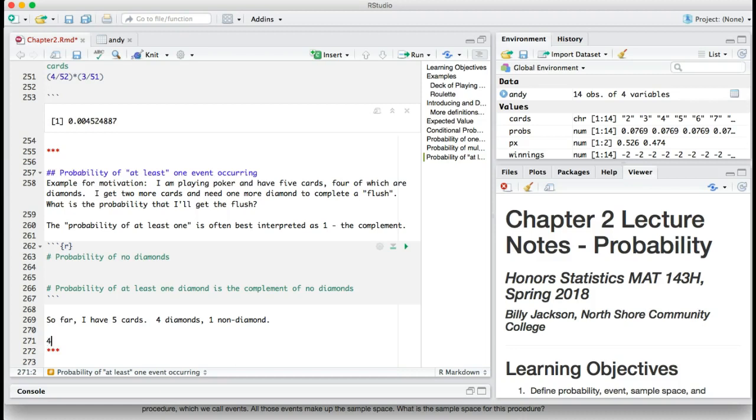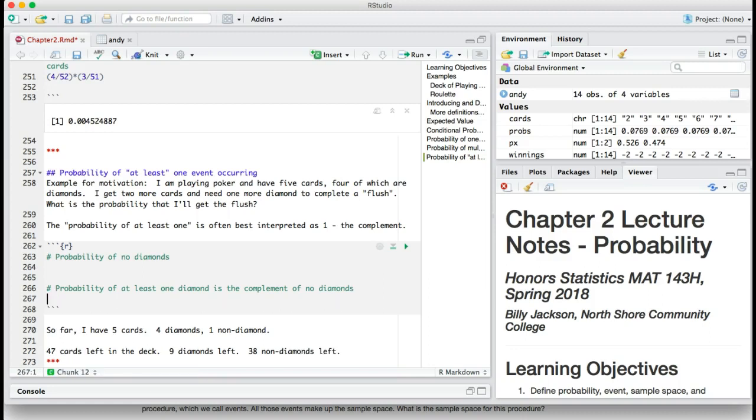There must be 47 cards left in the deck. How many of those must be diamonds? Well, there were 13, and I have 4 of them, so that means there are 9 diamonds left. And how many non-diamonds are left? Well, if there are 47 cards left and 9 diamonds, then there are 38 non-diamonds left.